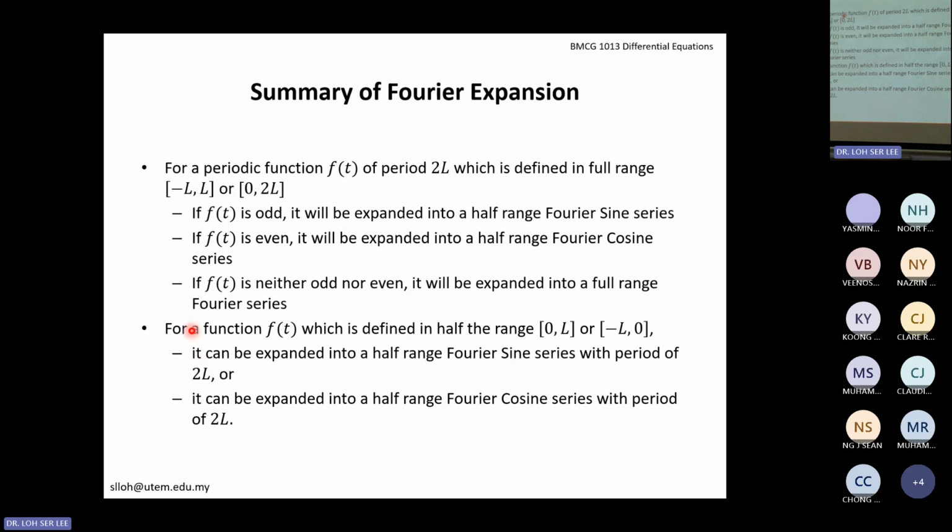So it depends on the function given. If the function is given in full range, you can use the full range Fourier series, but for these two cases we can foresee which An or Bn is 0. But if you are given the half range function, then you will do the odd extension and even extension. So it depends on what formula is given.